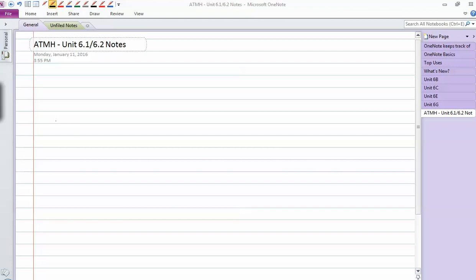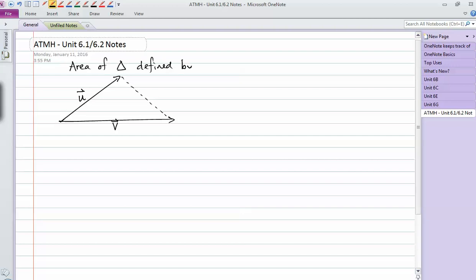If I give you two vectors, and in this case we're assuming these are non-zero vectors so that we actually can draw something, so we've got u and v, and I want the area of the triangle defined by u and v. So this will be the area of a triangle defined by two vectors, u and v.